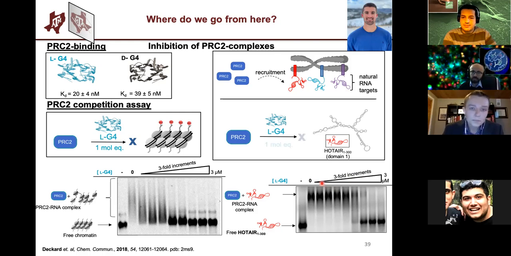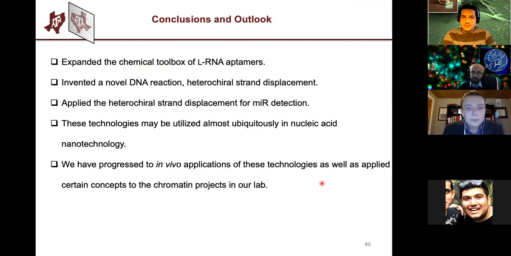And so I think that's pretty much the most of my talk. So we expanded the chemical toolbox of LRNA aptamers by making a chemically modified one, made a new DNA strand displacement reaction, and detected microRNAs with that.